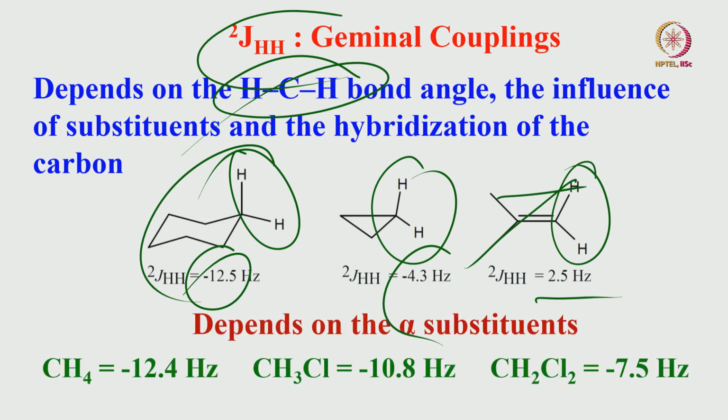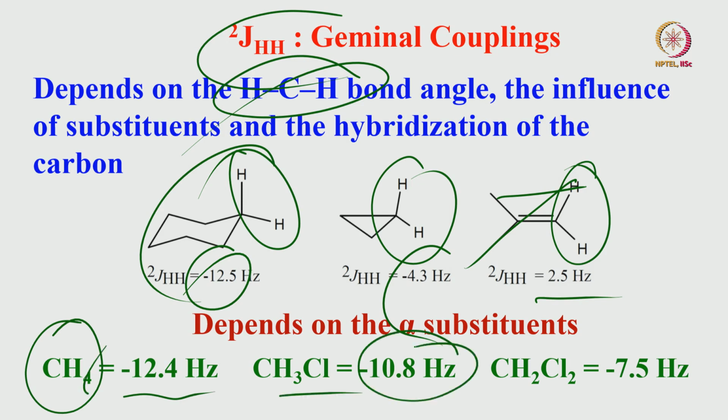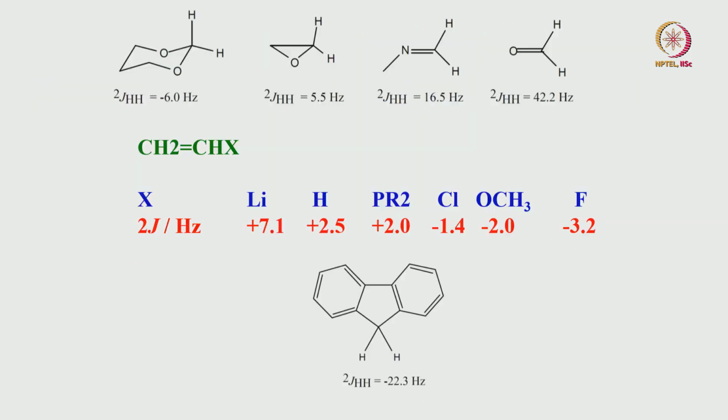It also depends on the substitution at the position. For example, if you take CH4, it is going to be 12.4 Hertz. Instead, if you knock off one proton and make it CH3Cl, coupling becomes 10.8. Knock off another proton, make it CH2Cl2, it becomes 7.5. So it depends not only on the HCH bond angle, but also on the hybridization and the substituents, all those things matter.